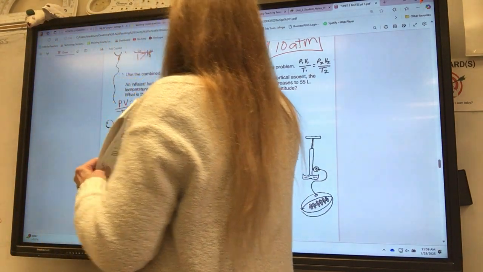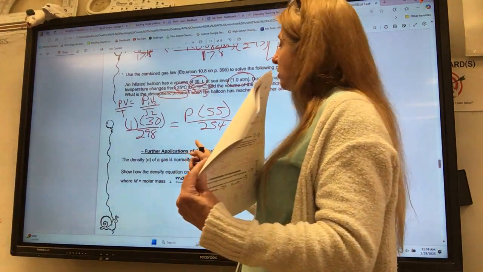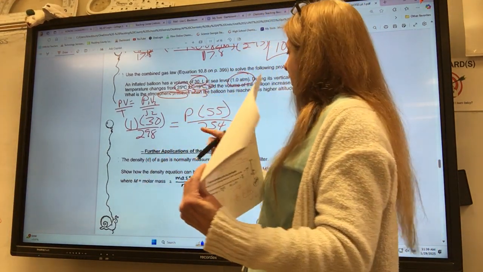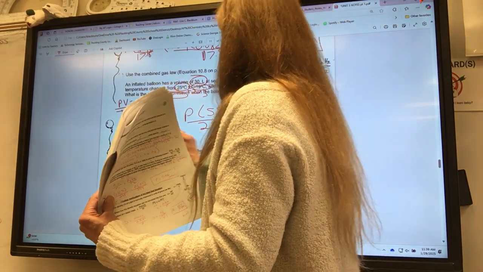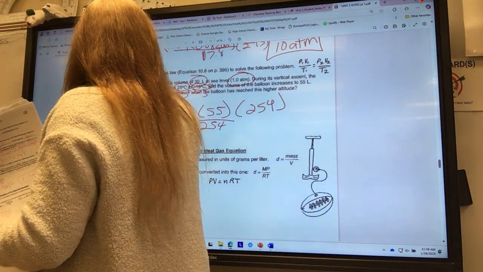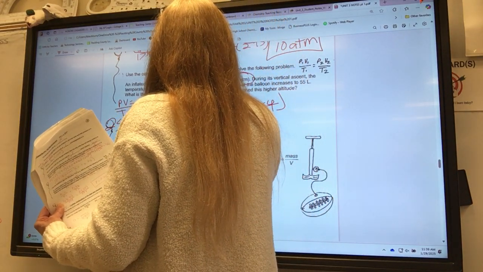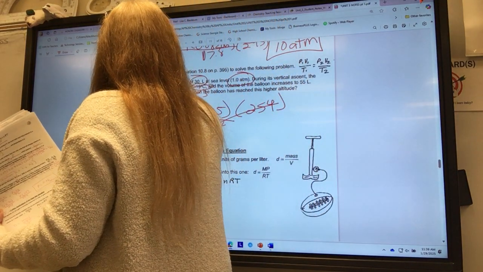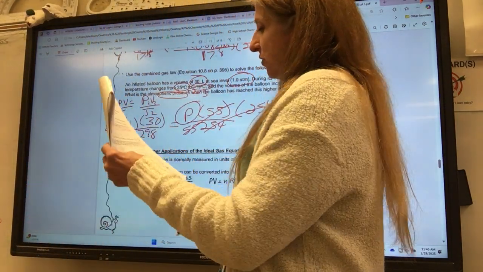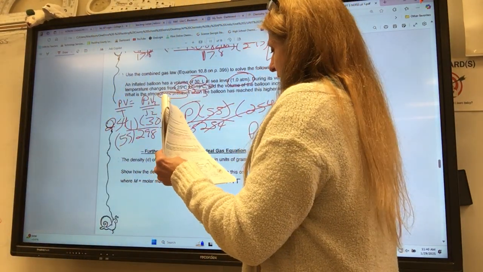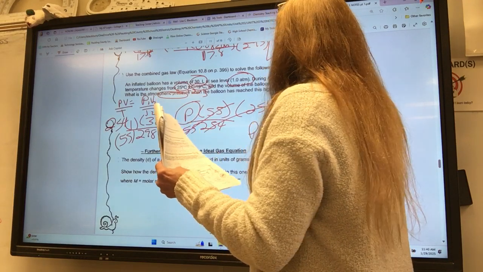So first get rid of the denominator, because that's what's making it ugly. Multiply both sides by 254. Those cancel out, then divide by 55. Those cancel out and you have P. Multiply those, divide by that, and pressure equals 0.46 atmospheres. Whoop, whoop, whoop.